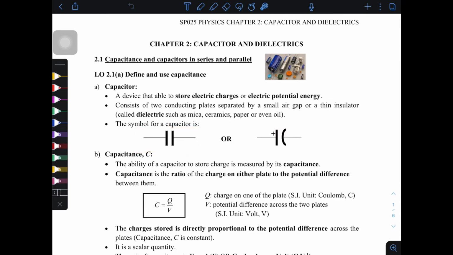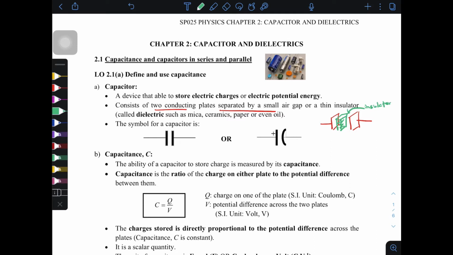Okay, so from here it said that a capacitor consists of two conducting plates. So dia ada two conducting plate in real life. Okay, two conducting plate which separated by air ataupun a thin insulator. So boleh jadi tengah-tengah dia ni ialah air sahaja, kosong, udara ataupun vacuum, dan boleh jadi kita letak material here which is we call as insulator.